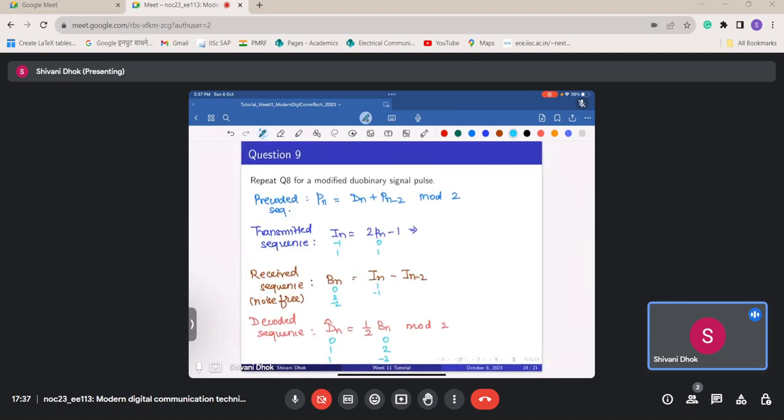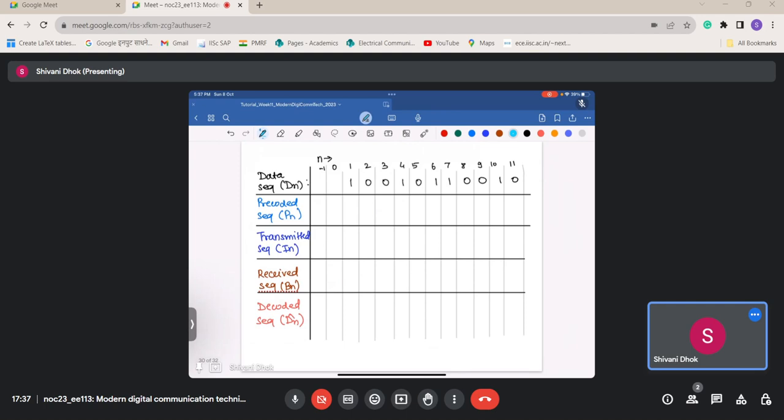Now let us try to use these four equations and build our table which we had written here. This is our data sequence that we are having, that is 1 0 0 1 0 1 1 0 0 1 0.